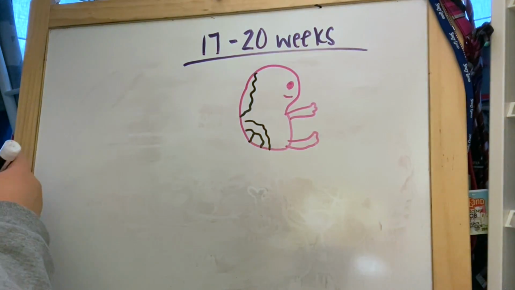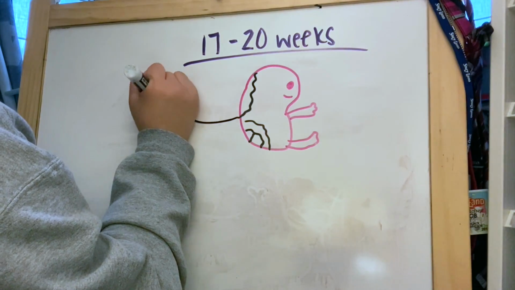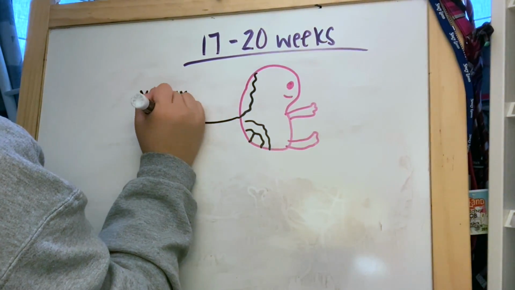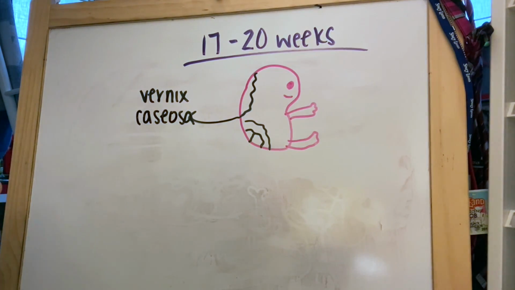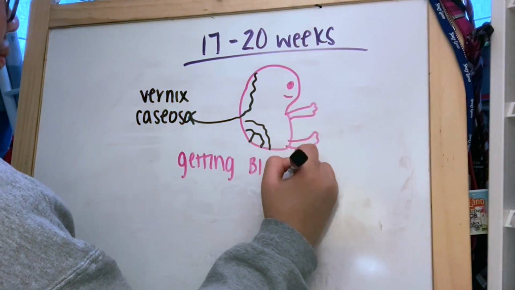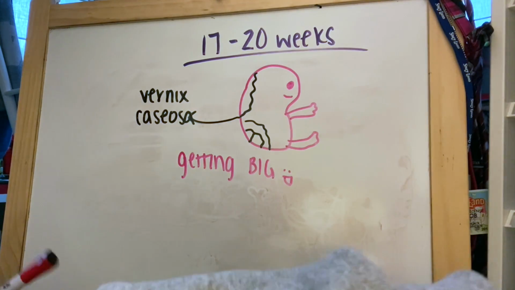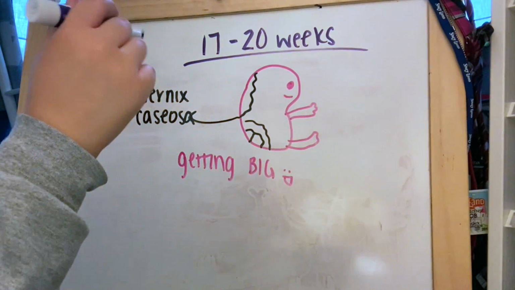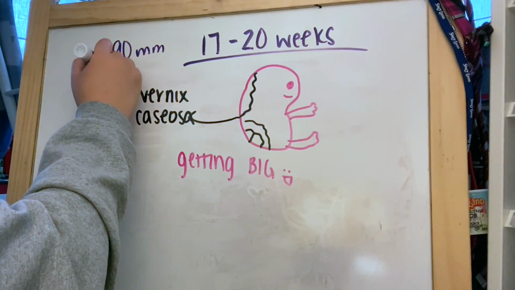The purpose of this substance is to protect the baby's skin, as it is in the fluid for 9 months. Without it, it would wrinkle. The limbs are almost done developing as well. It's definitely getting bigger, and the mom can start to feel fetal movements. The baby will be about 190 millimeters or 7.5 inches at this time.